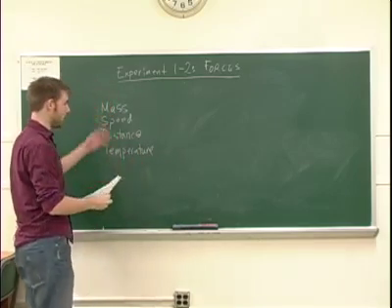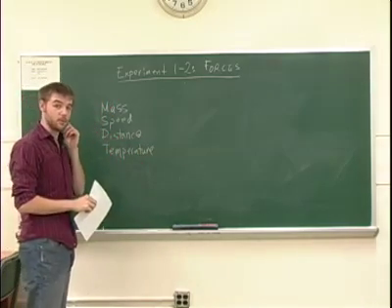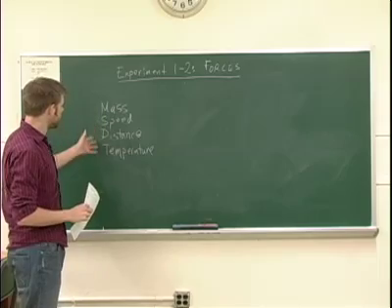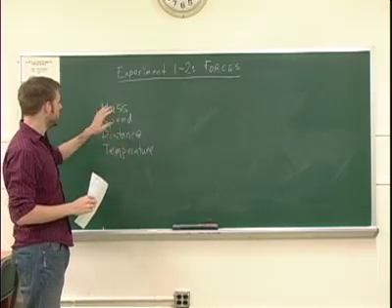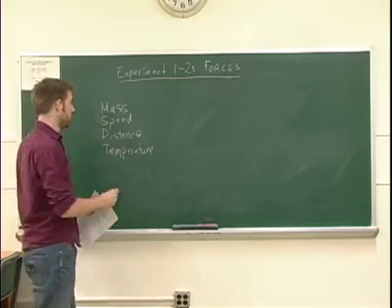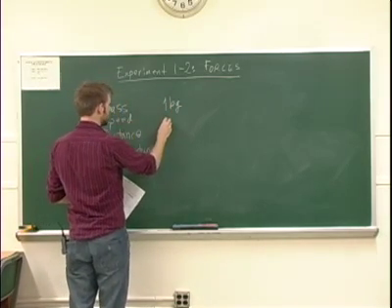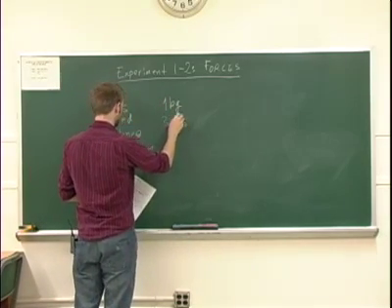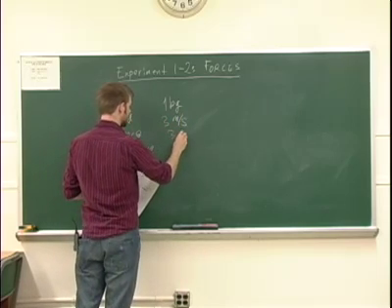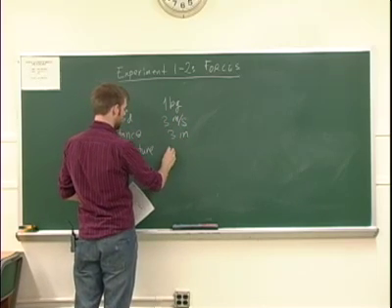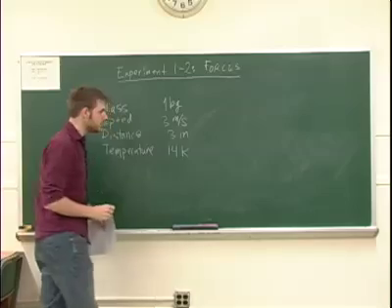We're not going to be dealing with all these today, but these are just some of the things you can measure in physics. Now, all these have one thing in common, and that is that you only need to specify one number. So, for example, you could have a mass of 1 kilogram, you could have a speed of 3 meters per second, or a distance can be 3 meters, or temperature can be 14 Kelvin.